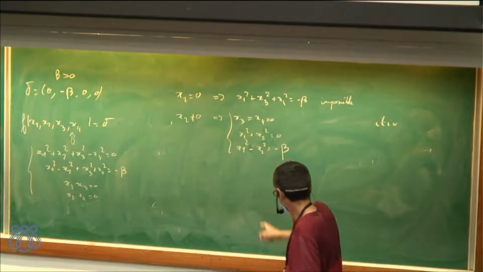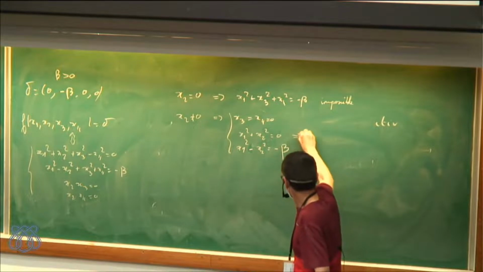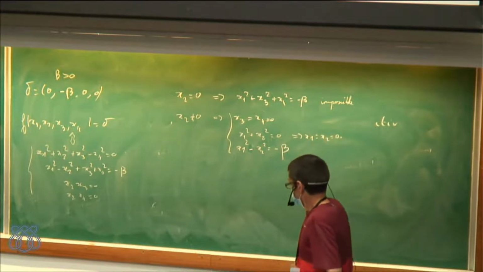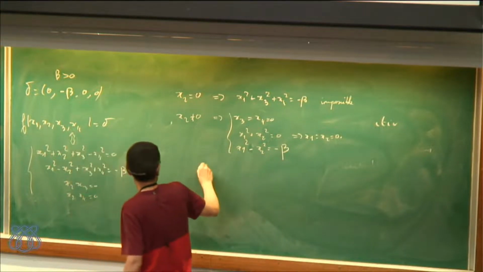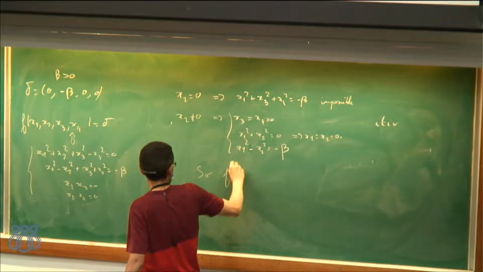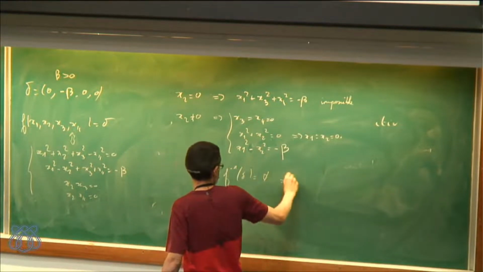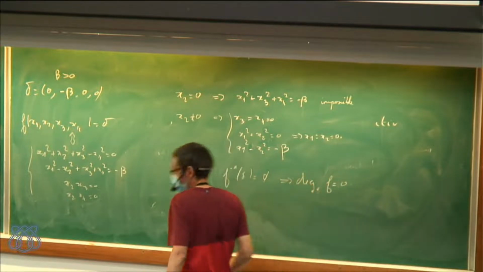And this is not possible because this implies x1 equals 0. So this is empty. So f minus 1 of delta is empty, and so the degree is 0.